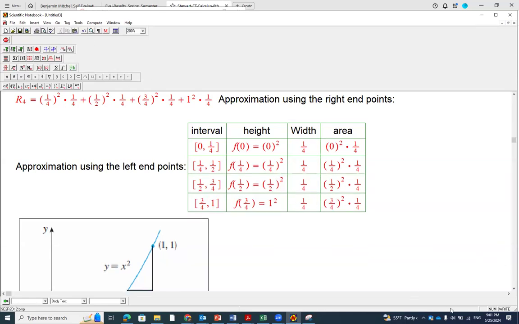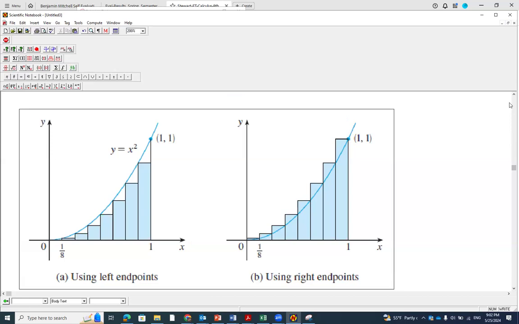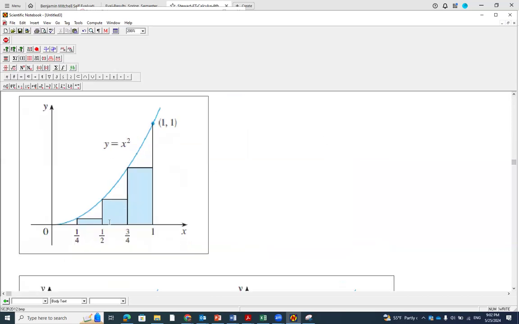So the result of this approximation, the approximation by left endpoints: for the first one, S1, we use 0 to approximate. The second one, we use this smaller rectangle. The third one, we use this rectangle, and the fourth one, we use this rectangle to approximate.